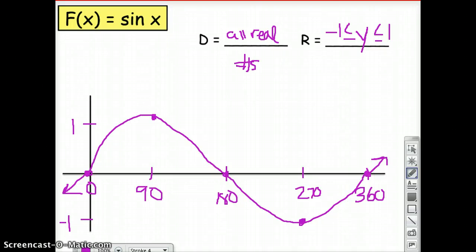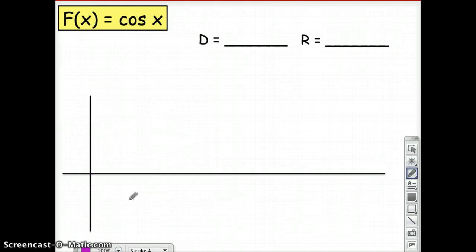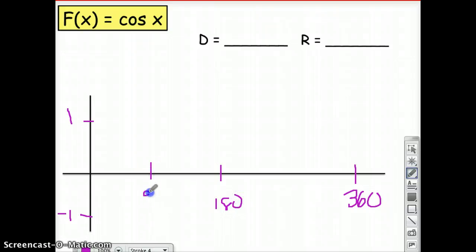Let's take a look now at the parent graph of cosine. Cosine also ranges from 1 to -1, and we're also going to graph one full period, which is 360 degrees. So I'm going to divide it up into 4 equal intervals. 360 divided by 4 is 90, so the intervals go by 90.